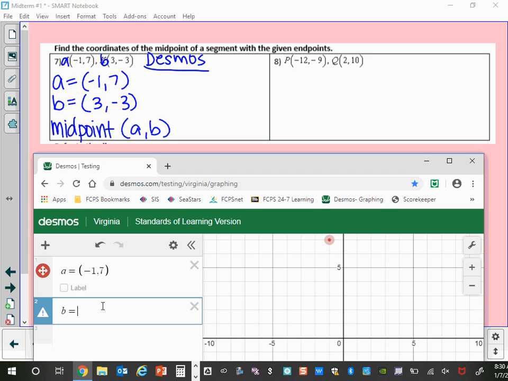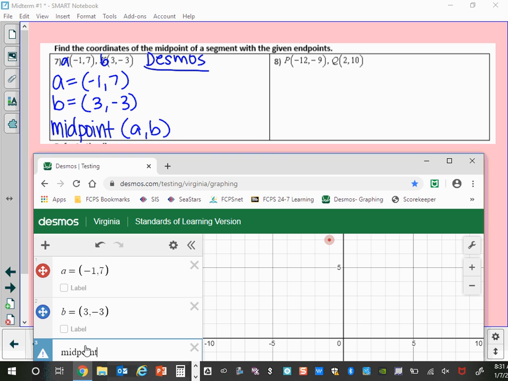All right, so for my second point, what was that? 3, -3, okay. What goes in this third spot here? What are we looking for? The midpoint, so type in those words. Midpoint, and then do A, comma, B.